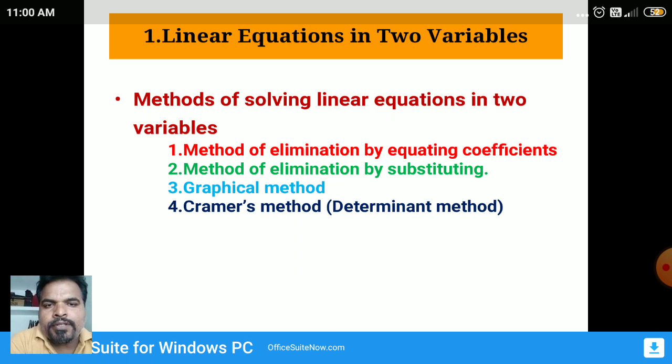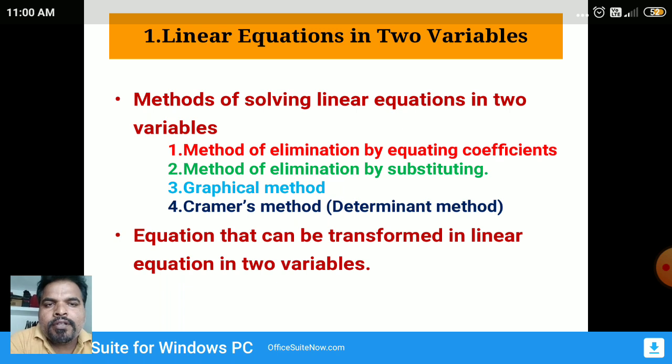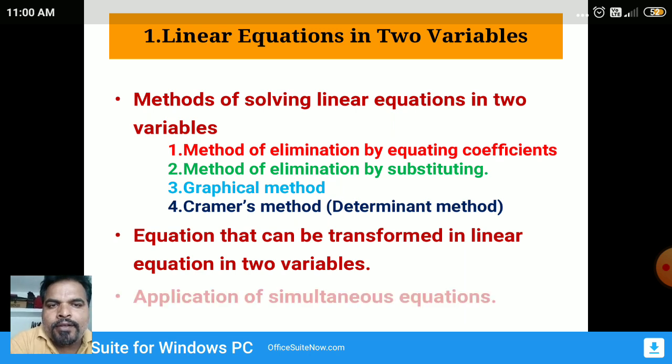The first two methods we learned in 9th standard, and the next topics we will learn are equations that can be transformed into linear equations in two variables, and applications of simultaneous equations.